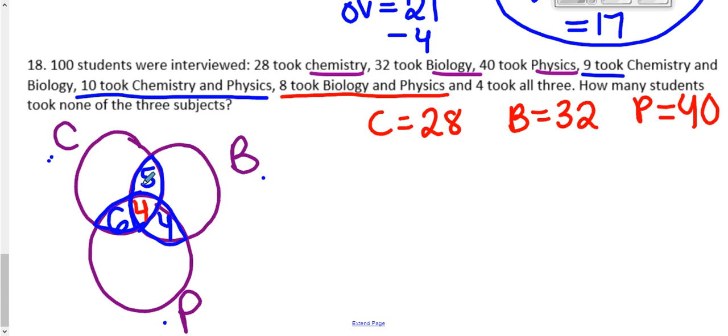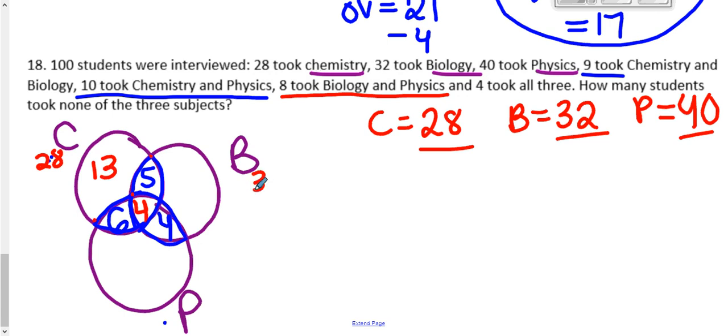And then we just have to figure out those bigger numbers. We'll start with chemistry, of 28. So we already have 6, 4, and 5. So 28 minus 6 minus 4 minus 5 is 13 left over there.